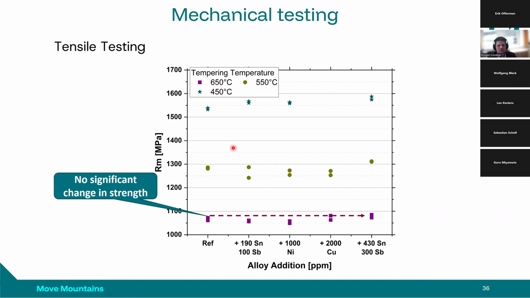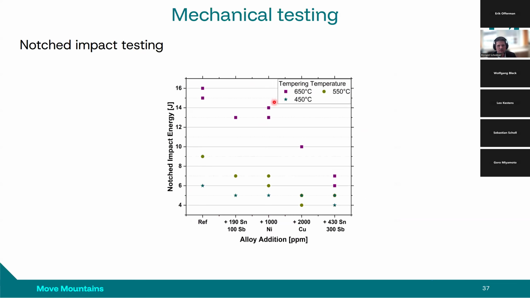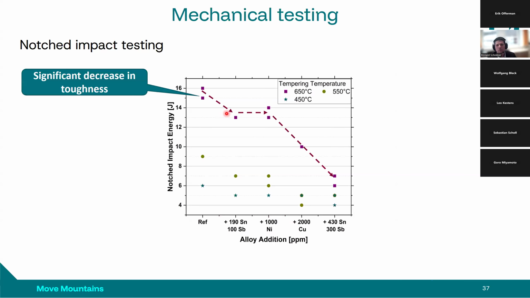What you can see here is almost no significant change in the strength level. I would call it more or less constant. We didn't see any influence. But when it comes to notched impact testing, let's focus here on the highest tempering temperature, 650 degrees C, which is a tempering temperature that might result in temper embrittlement, and we really observed it here by adding these different elements.